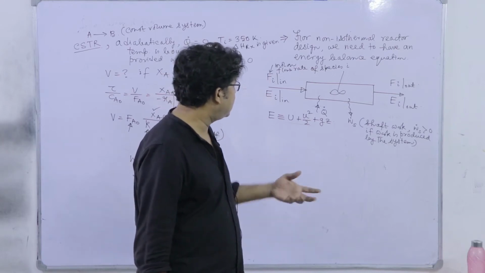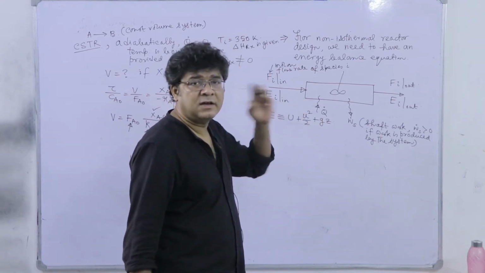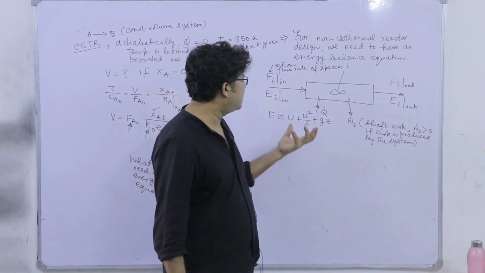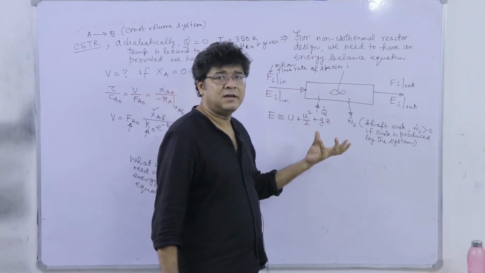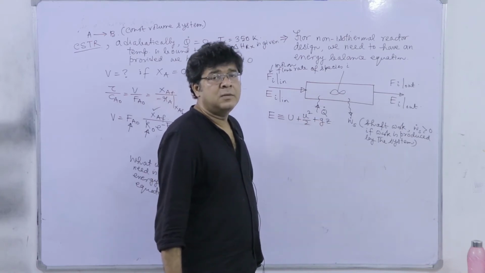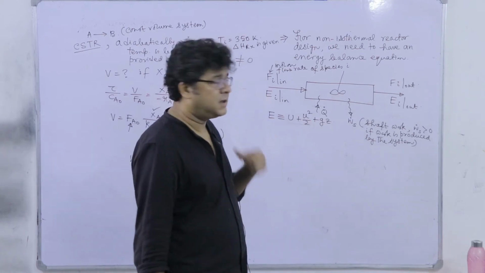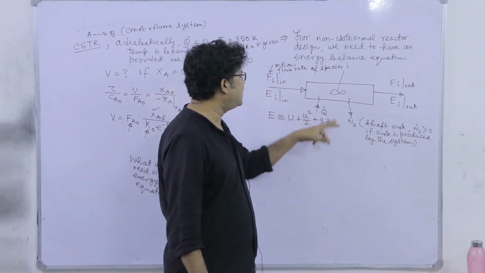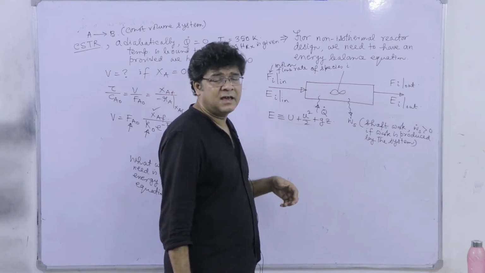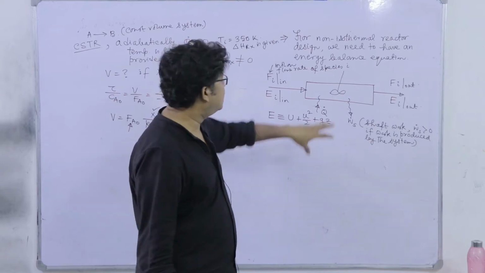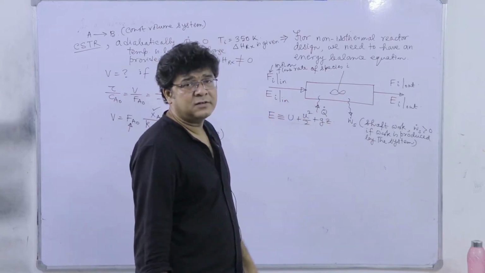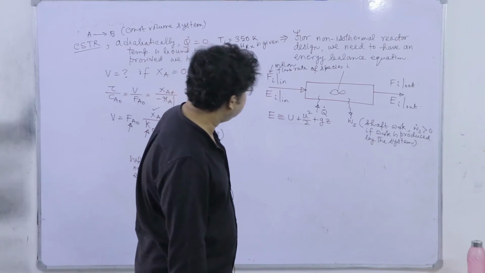U square by 2 is the kinetic energy per unit mass, so we multiply it by mass to get the kinetic energy, and divide by the total number of moles to get the specific molar kinetic energy. But actually it does not count, because this U square by 2 and gz, the kinetic energy and potential energy, we will simply neglect in comparison to the internal energy for most systems.